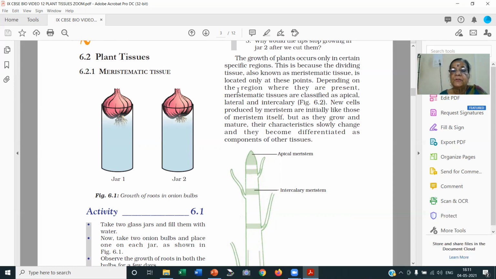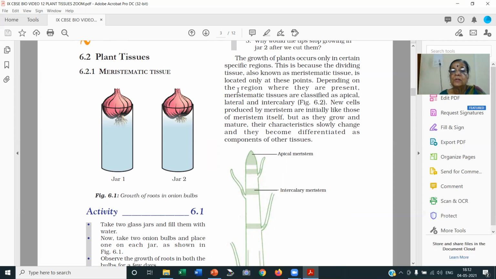New cells produced by meristem are initially like those of the meristem itself.